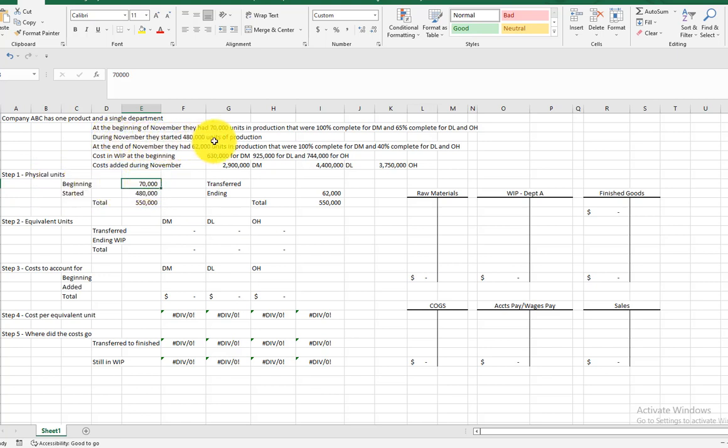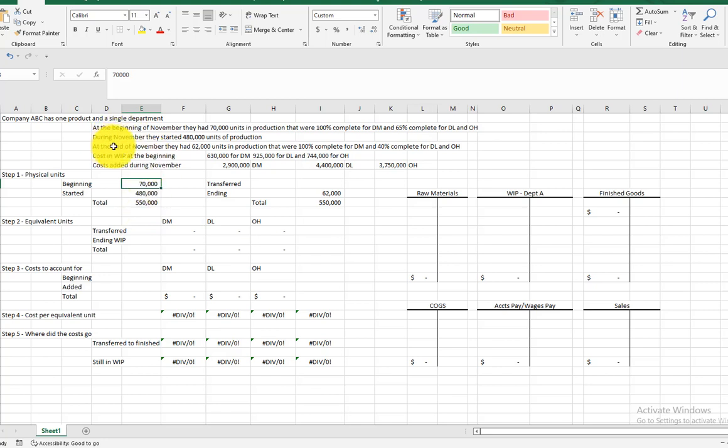And during November, we started 480,000 units in production. So we had 70 beginning. Okay, we started 480 more. So the total, the most we could have is 550,000, right?